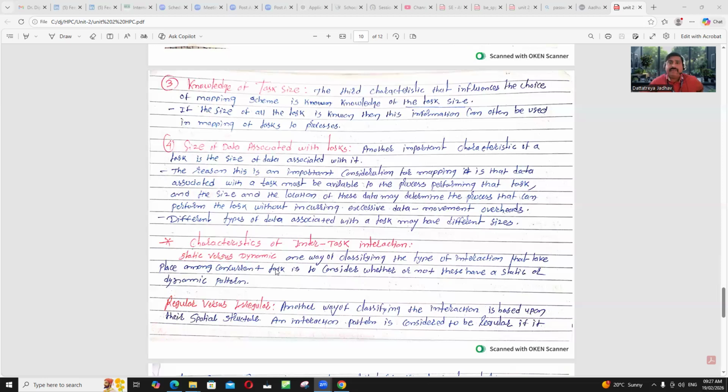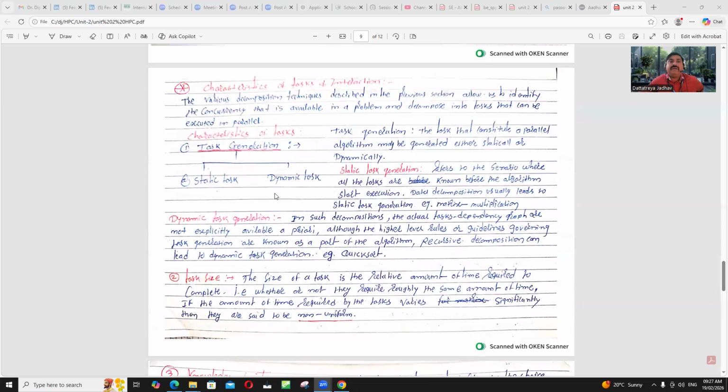It requires C, where C is A into B into C. So first C will be computed, and the C data will be collected. Then whatever F and Z we use, we divide by A. So different data will be required by different tasks, so the size will be different. That is a characteristic related to your task and interaction.